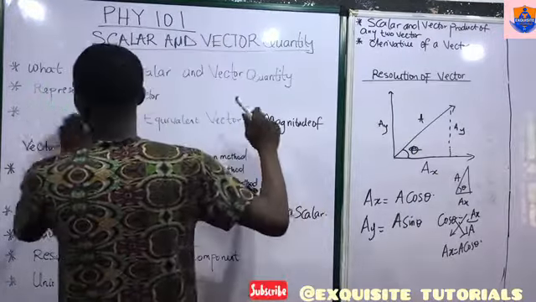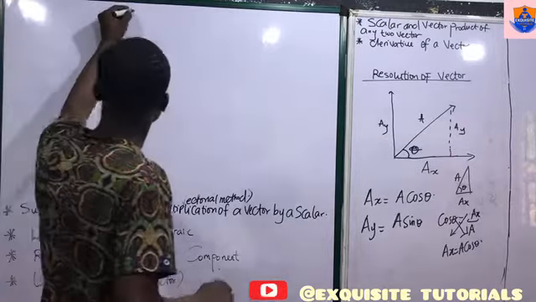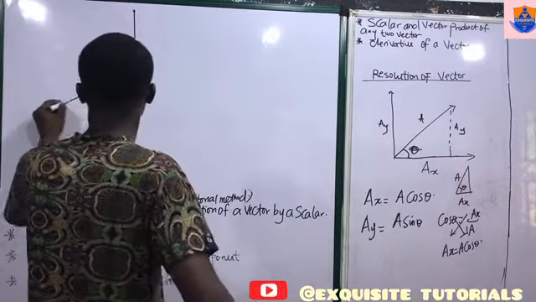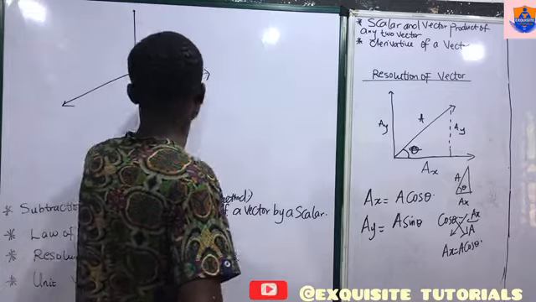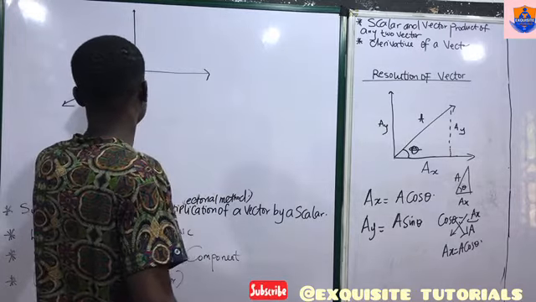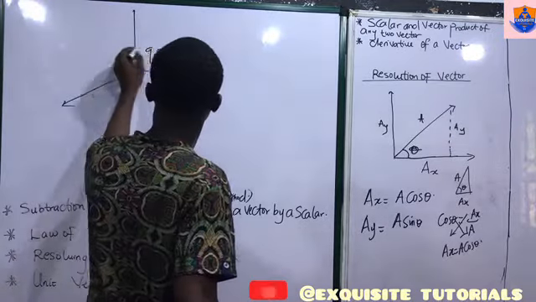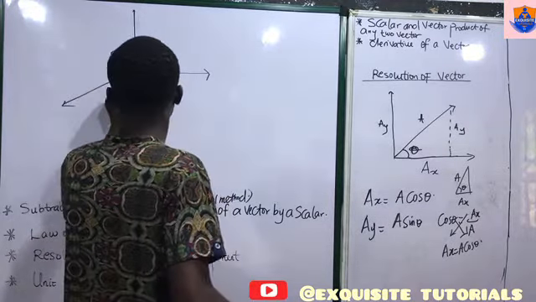Then for the three-dimensional plane, when it has to do with the x, y, and z axes, take note, a three-dimensional plane, that is the space plane, the axes are usually mutually perpendicular to each other.